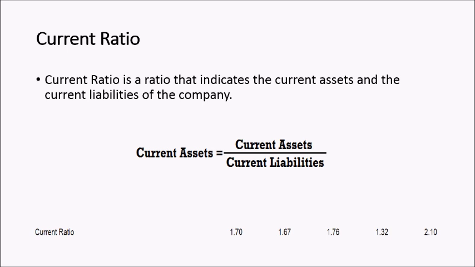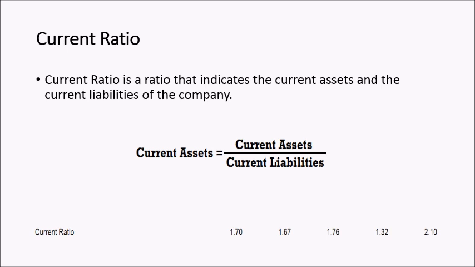Current assets are assets that get converted into cash within a year and current liabilities are liabilities which have to be cleared within a year. In this example the current ratio is 1.7, this means that the company has 1.7 times more current assets when compared to the current liabilities. The preferred current ratio is greater than 1.5.